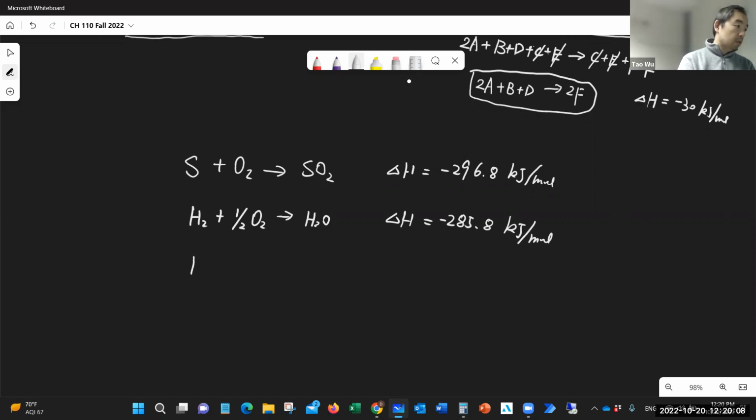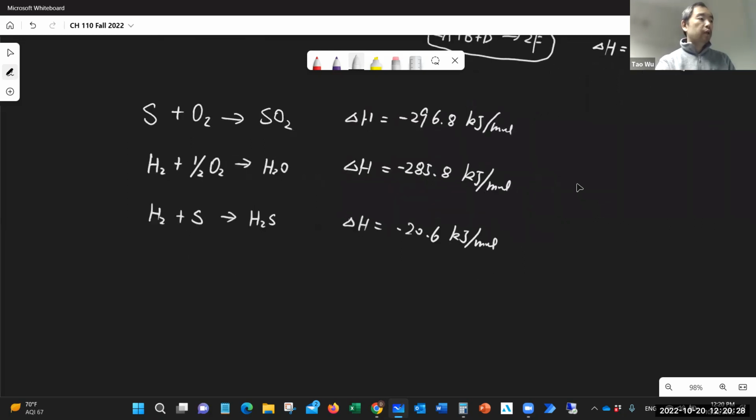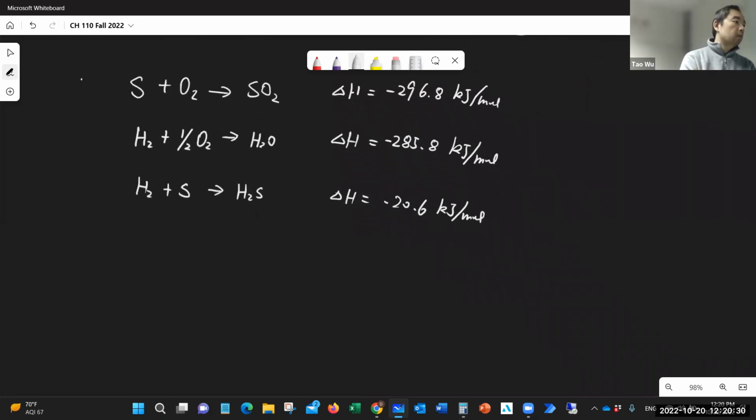The last one, hydrogen plus sulfur to make H2S. Delta H is equal to negative 20.6 kilojoule per mole. Okay, so for this one, we have three equations, 1, 2, 3. And then the question is, what is the enthalpy for the following equation?